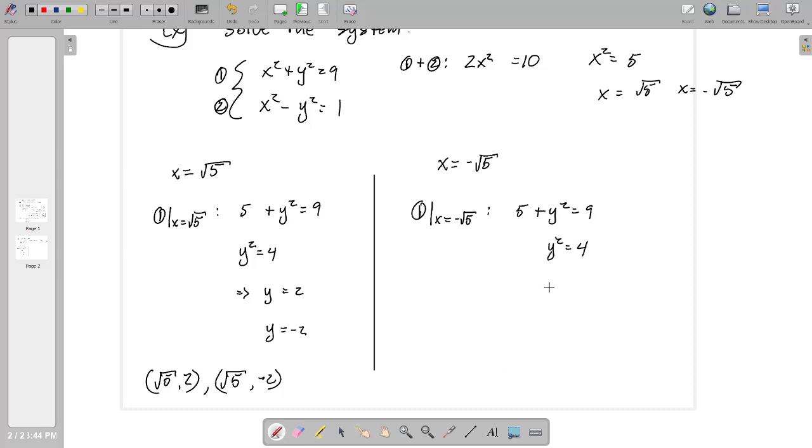Take the square root of both sides again, and we get y is equal to either 2 or y is equal to negative 2. So again, we have two possible y values when x is equal to the negative square root of 5. So we need to account for both of these possibilities. We have negative square root 5, 2, and negative square root 5, negative 2.